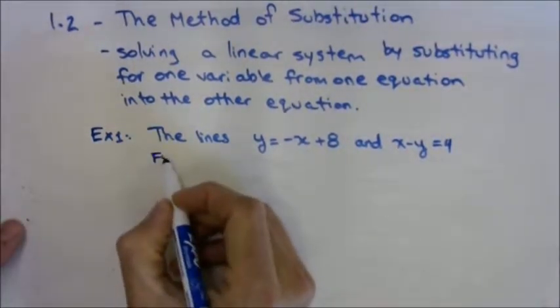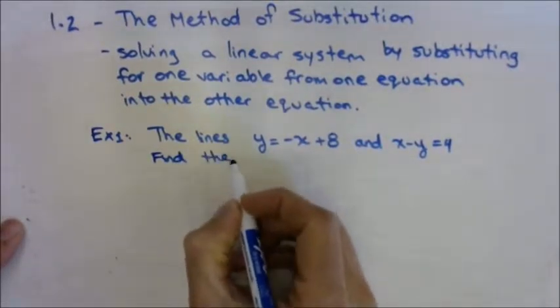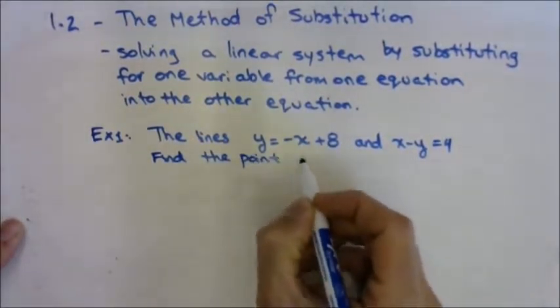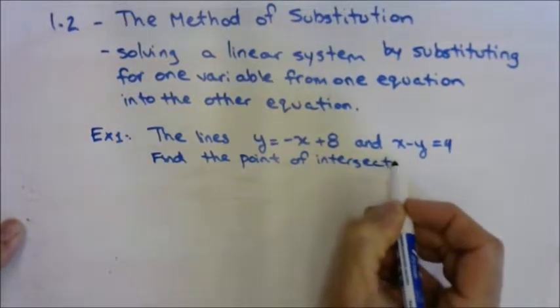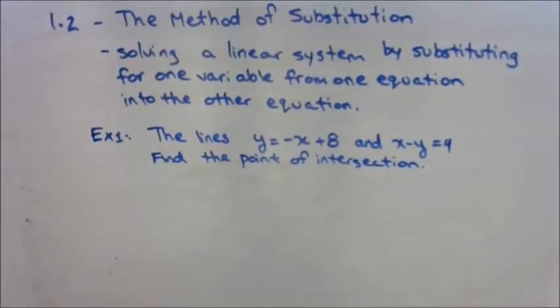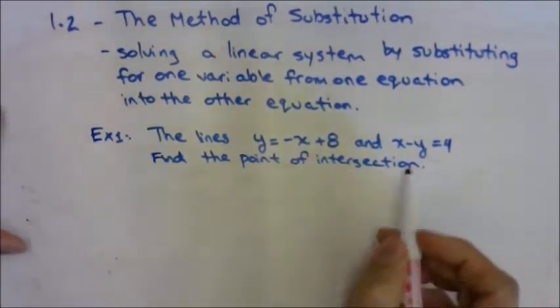So find the point of intersection. And they've asked for it in coordinates. So when I get to my final answer, I'm going to make sure that it's in the right form, that it's actually in coordinate form, that it looks like the coordinates. So we have our two lines.